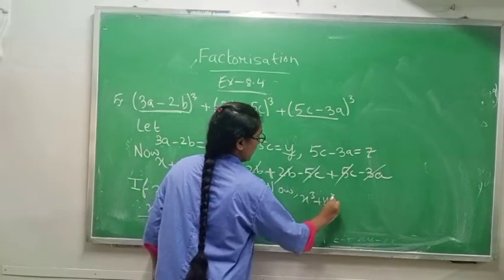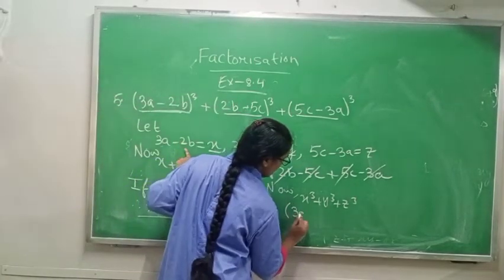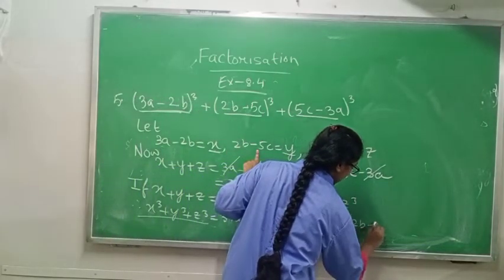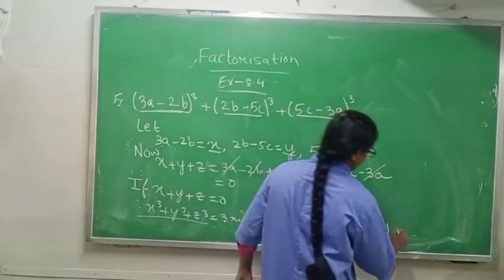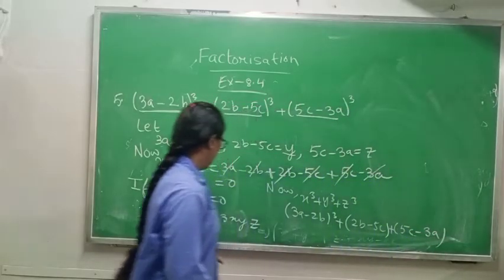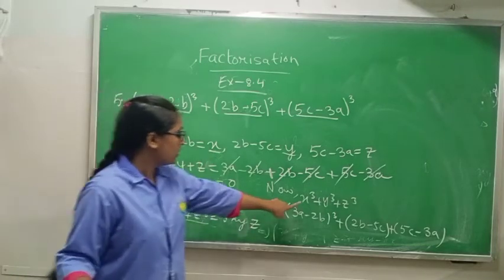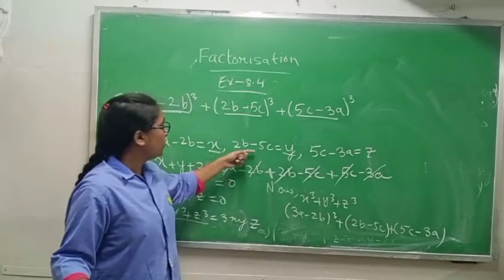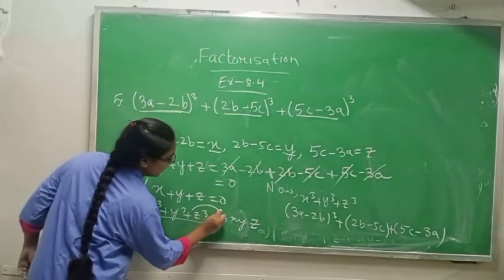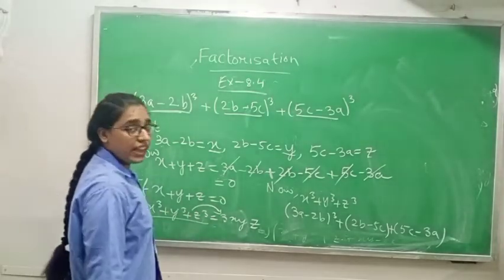Now in this one, x cube plus y cube plus z cube: x is 3a minus 2b, whole cube; y is 2b minus 5c, whole cube; and z is 5c minus 3a, whole cube. Since I have cubes, I am taking cubes. Now in place of x cube plus y cube plus z cube, we can write 3xyz.